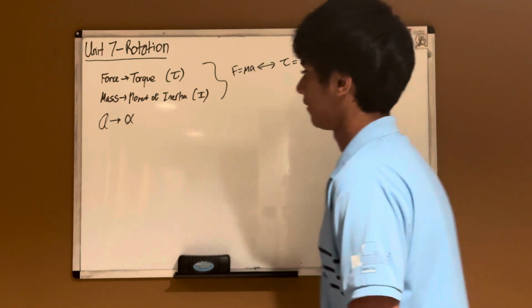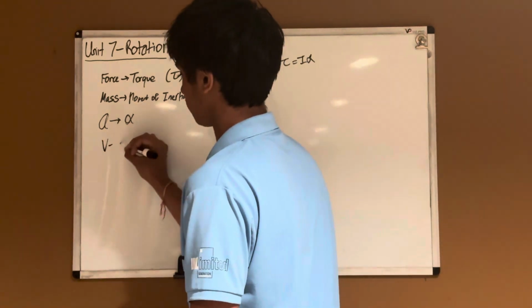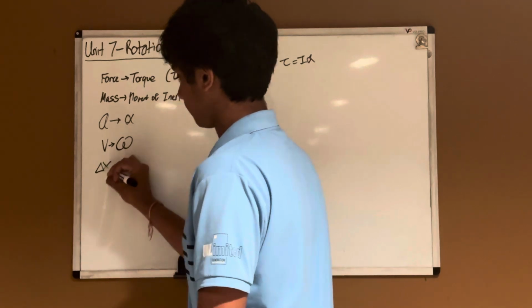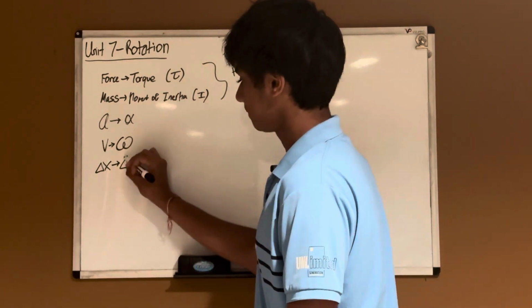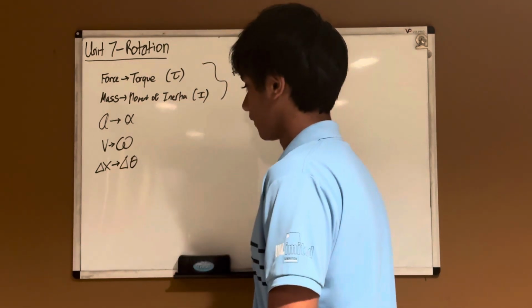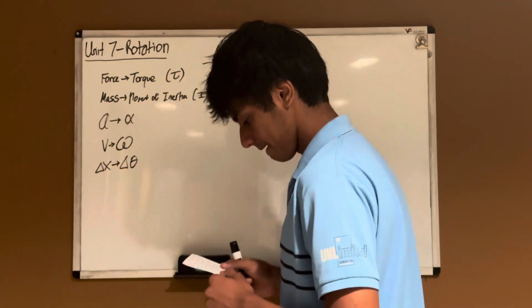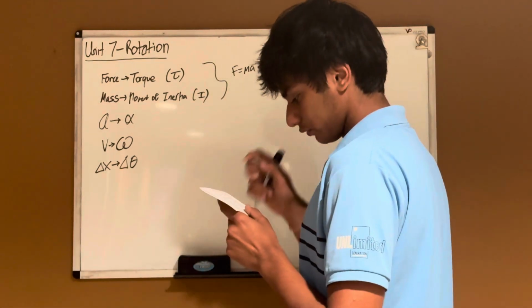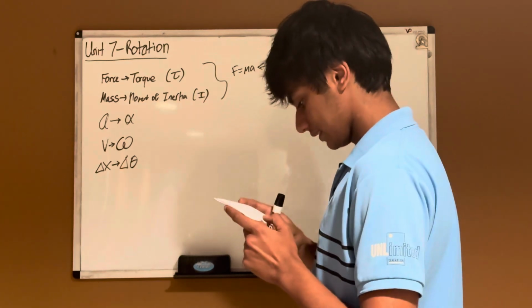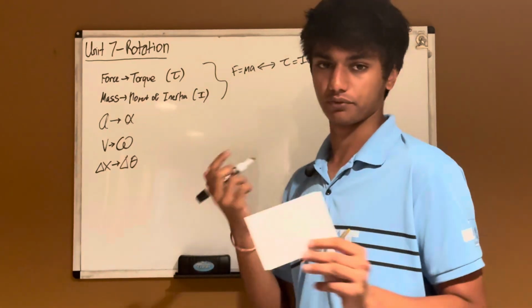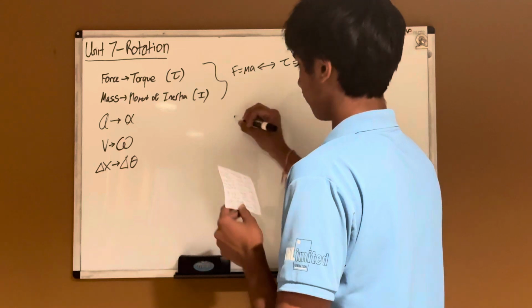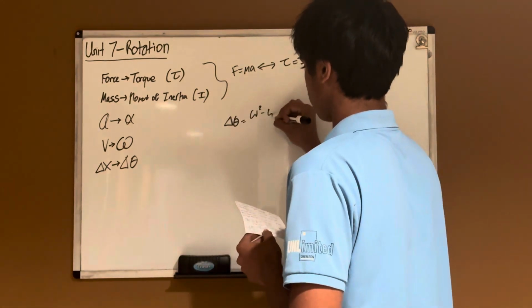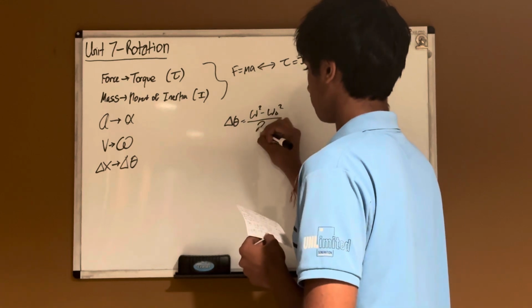Similarly, we have velocity, which becomes angular velocity omega, and we have delta x displacement, which becomes delta theta, or angular displacement. And of course, we also have kinematics formulas for rotation. We have delta theta equals omega squared minus omega initial squared over 2 alpha.